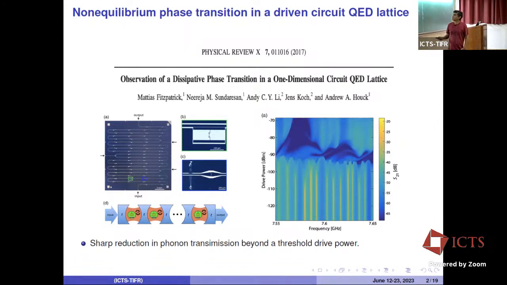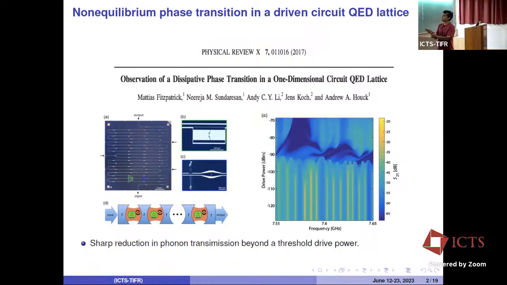What is observed experimentally is that as you change the frequency and drive power, the output is given here. This is the transmission, and you find that at any frequency, over a range of frequencies, beyond some driving power there's a transition.